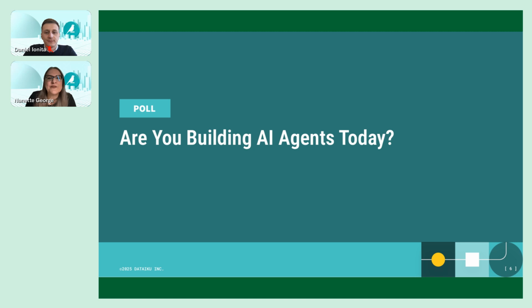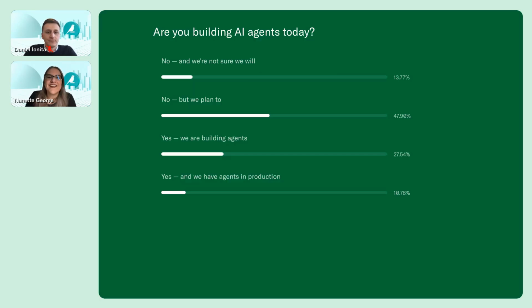Okay, it looks like we've hit a critical mass here. All right, I'm going to close the poll and then share the results. Okay, so it looks like about 13%, 14% are saying no, and we're not sure we're going to create them.